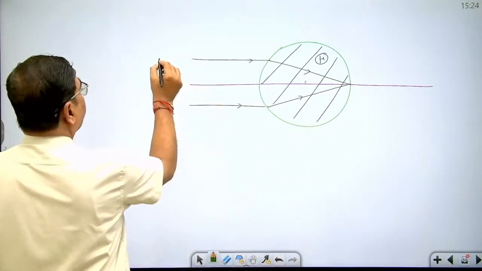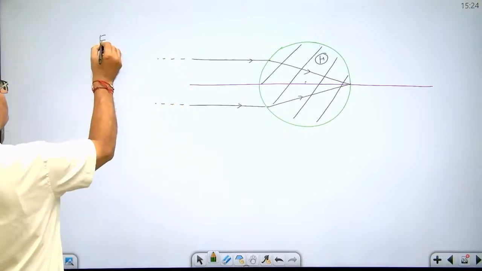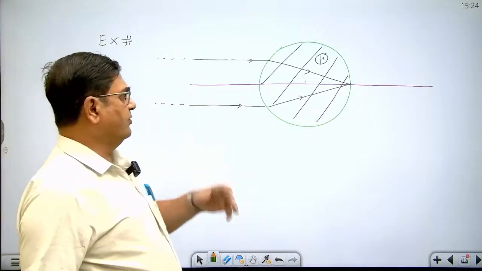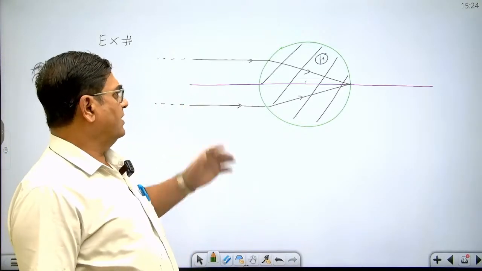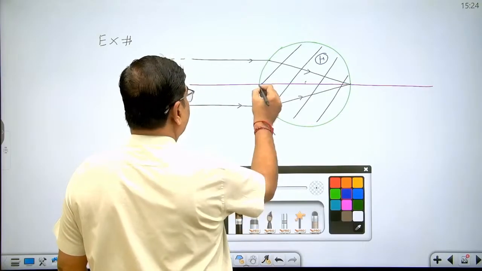This is coming from infinity. We have to determine the value of mu. Now we will consider this point as the reference point, the pole.